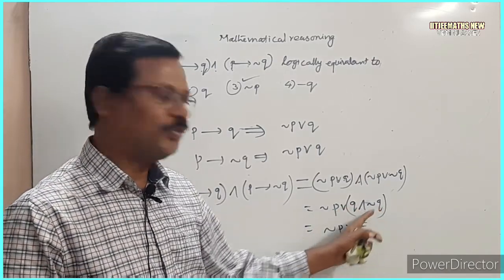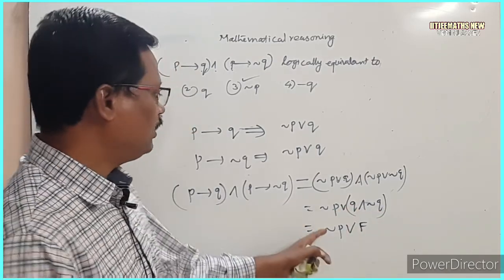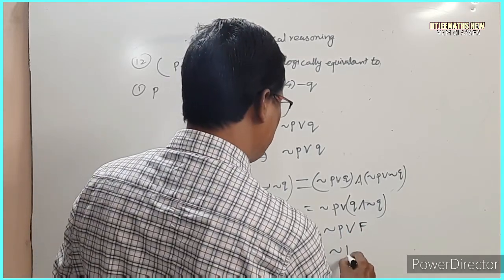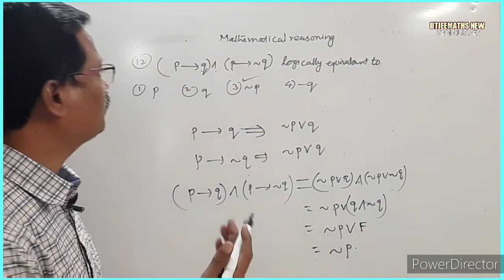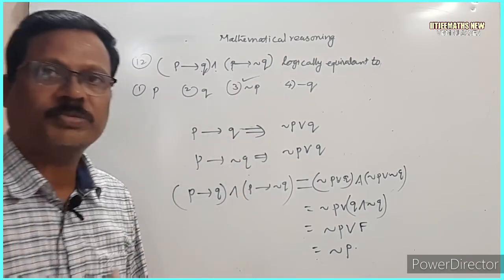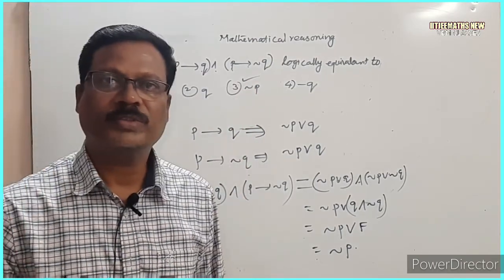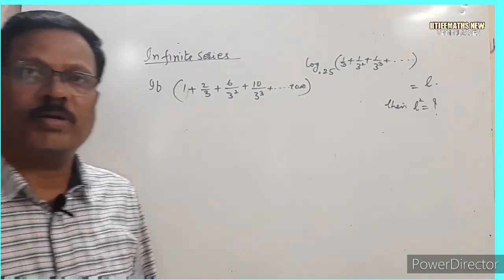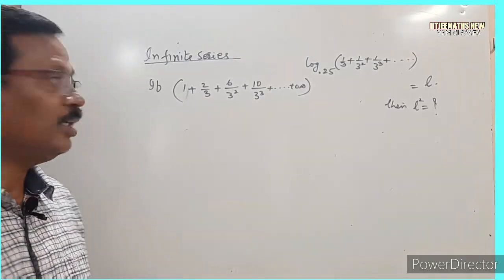Q and negation of Q is nothing but false. Negation of P or false is nothing but the negation of P. Therefore, which option is correct? The third option is correct for this problem. Okay, very simple. This type of questions are repeated. The next problem. See the next question.